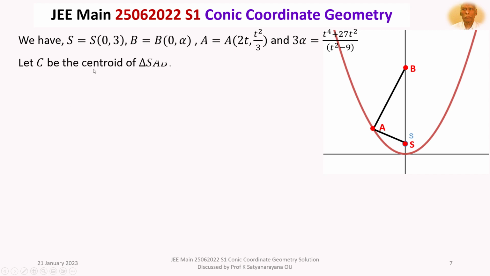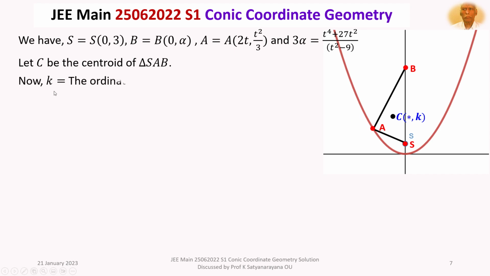Now let C be the centroid of this triangle. Triangle SAB is there, so it will have a centroid. Let C be the centroid of this triangle, whose y coordinate is k. The ordinate of the centroid is k. We are not interested in the abscissa of the centroid.